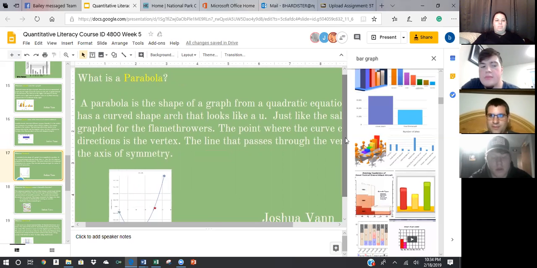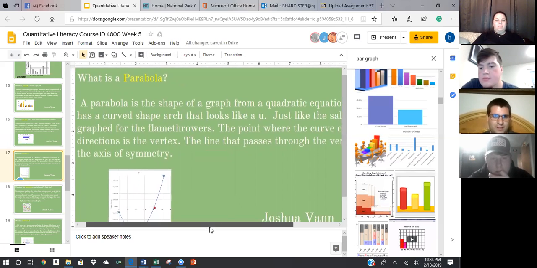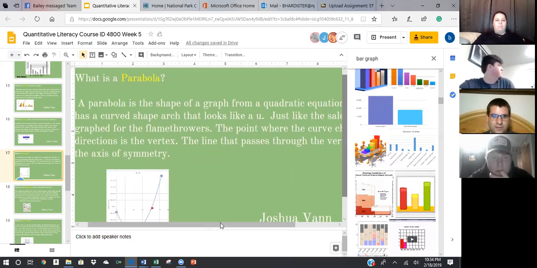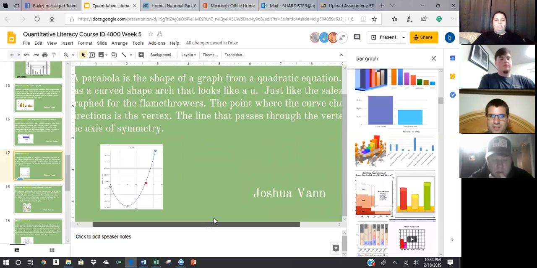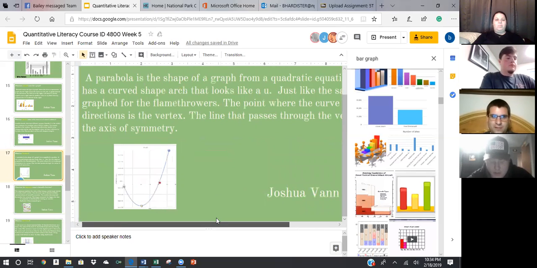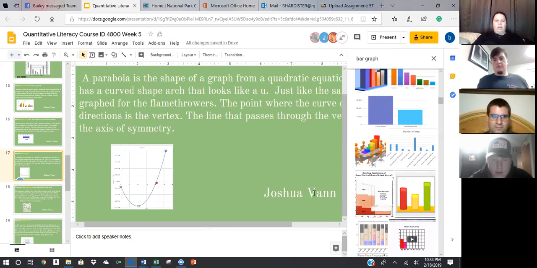The point where the curve changes direction is the vertex. The line that passes through the vertex is the axis of symmetry. Okay. Very good.